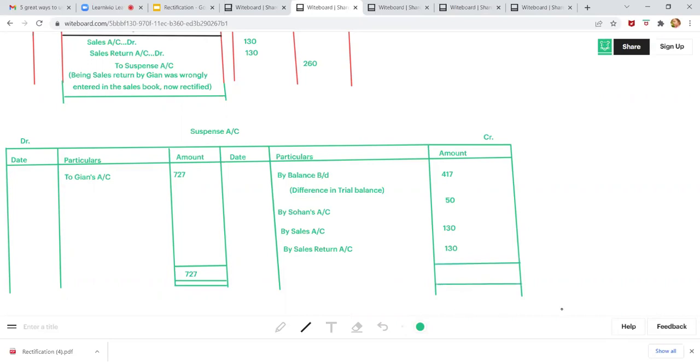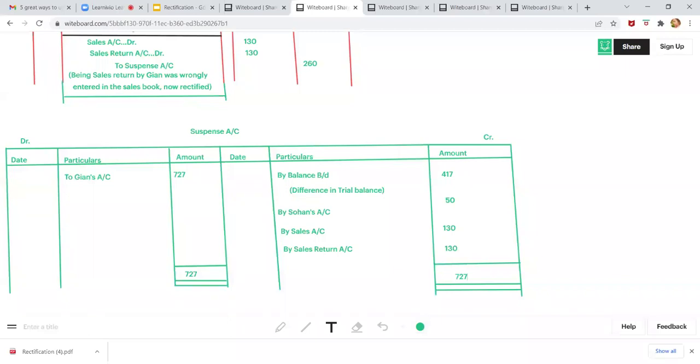So it means we have rectified the errors.